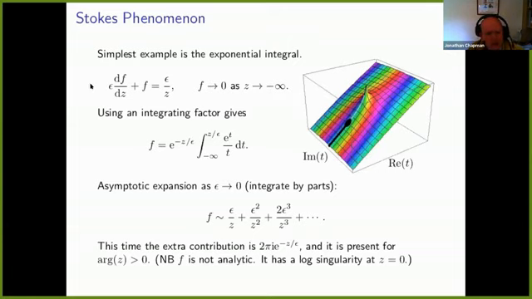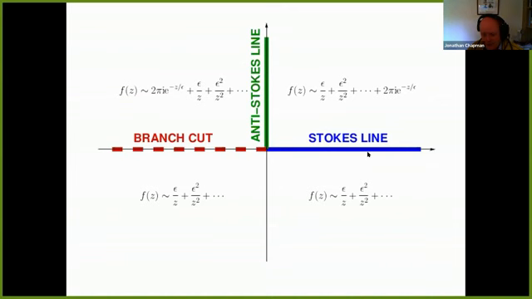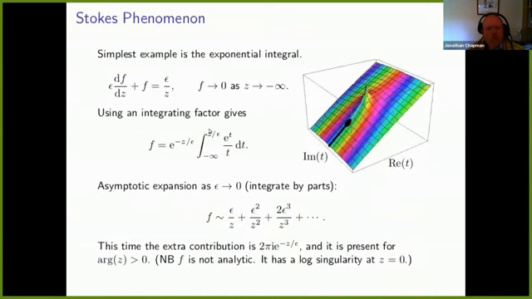So if I use an integrating factor on this differential equation, I can write an integral expression for f, and then I could just do steepest descent. Here you see explicitly that as epsilon goes to 0, the argument goes to infinity. So the steepest descent on this integral is sort of trivial, that the landscape, the energy landscape, is just a flat plane. e to the t grows linearly.